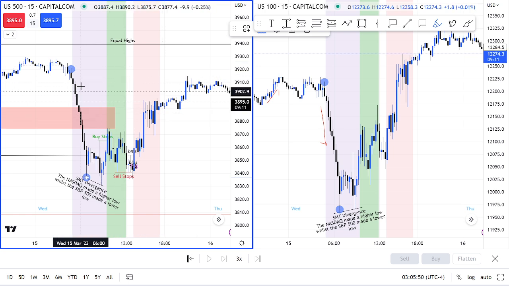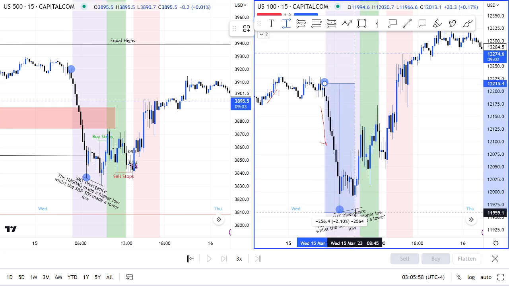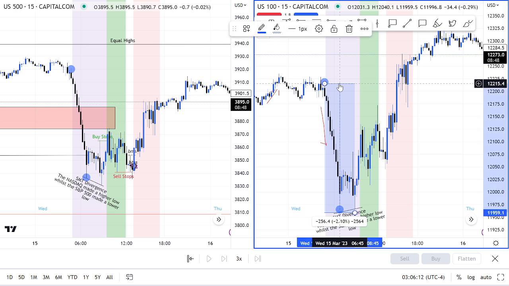When you notice that we had this big price move, I think I have the price range in here. This is saying 256.4. Read the one to the left, that's the number of pips. So over 250 pips of selling.